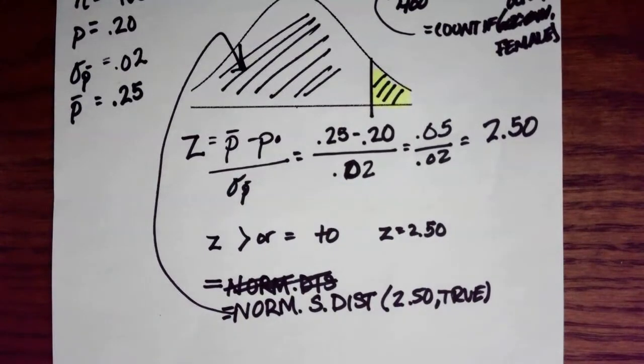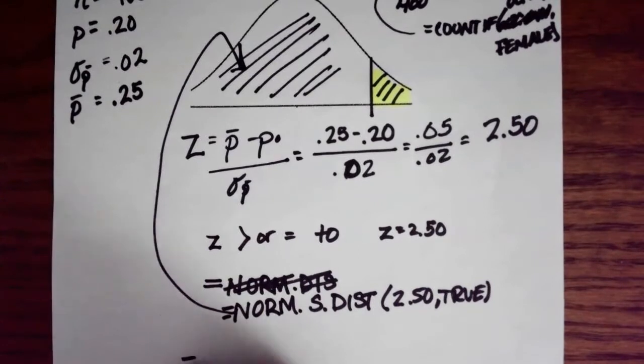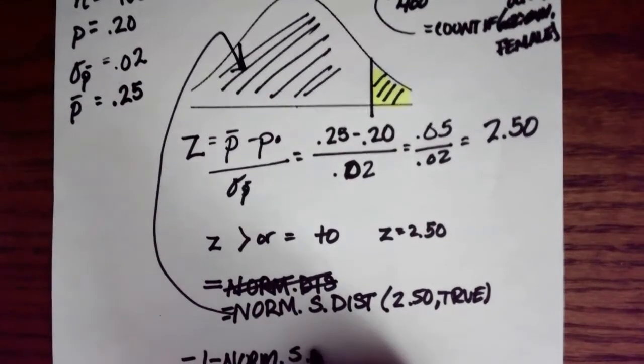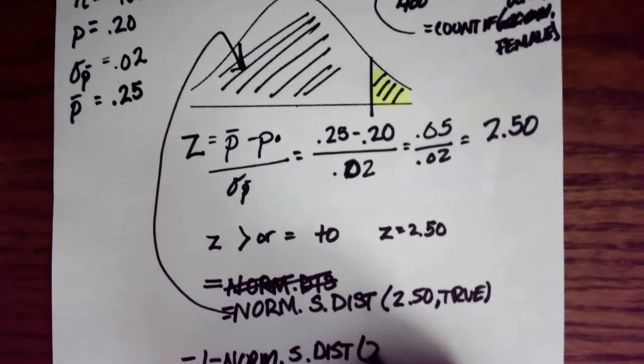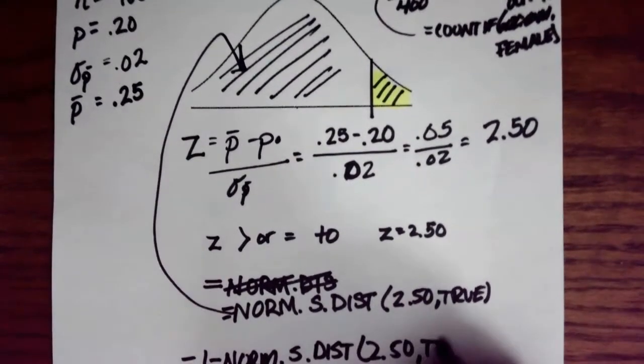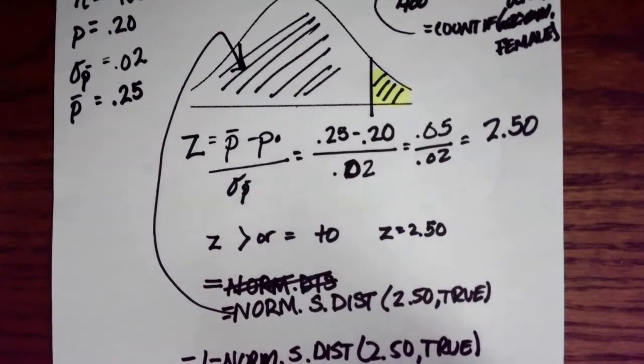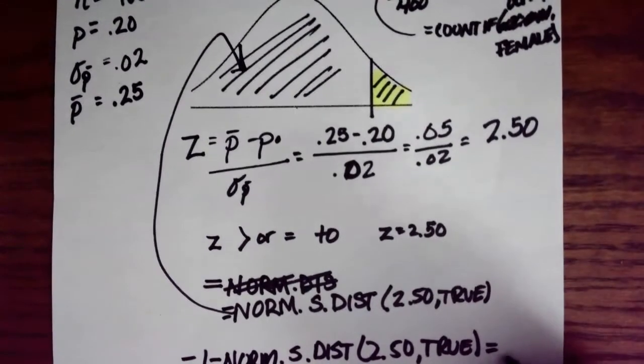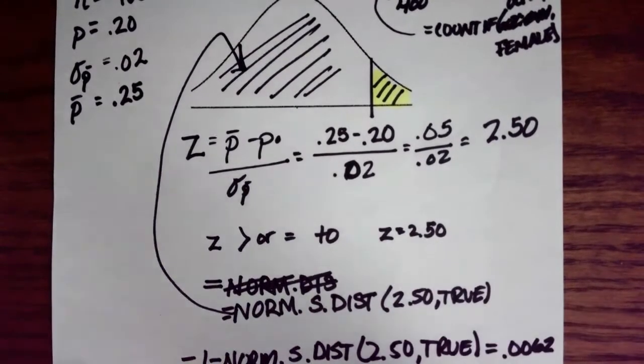That's what we're going to be comparing against our hypothesized value. So equals 1 minus NORM.S.DIST, and then put our 2.5 and TRUE in there, and that is going to give us 0.0062.